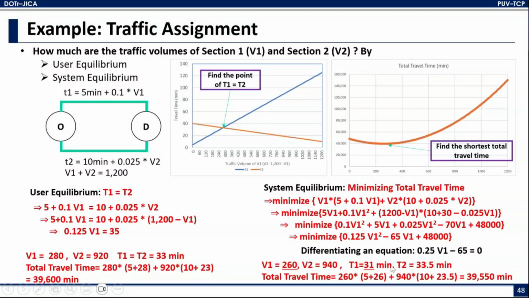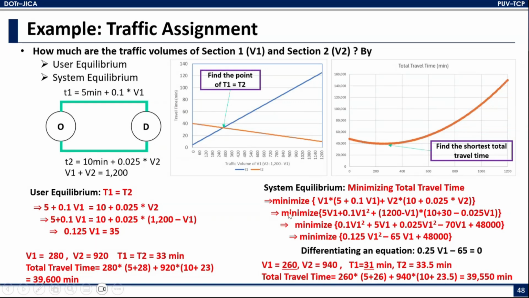However, the total travel time is calculated using this formula. The total travel time is 39,550 minutes. And you can see the total travel time for the user equilibrium methodology is 39,600 minutes.